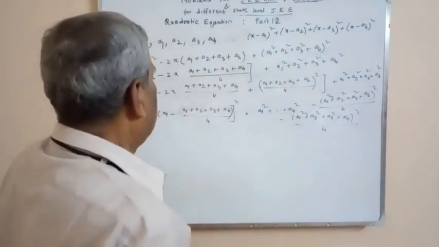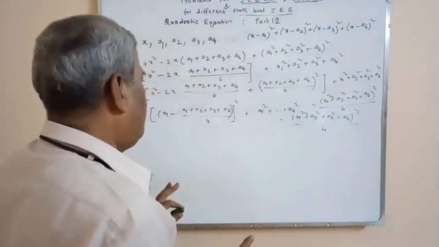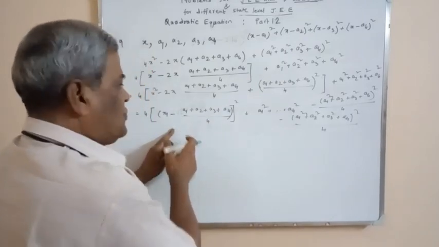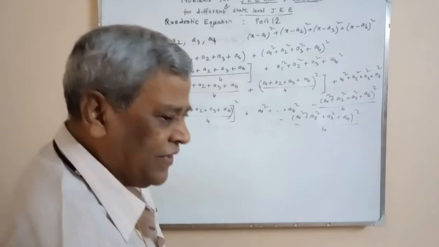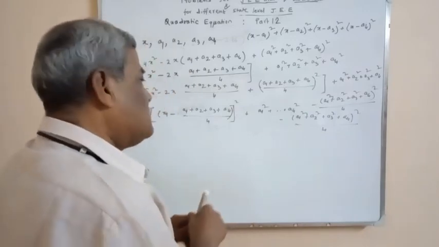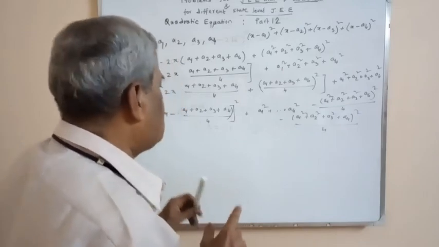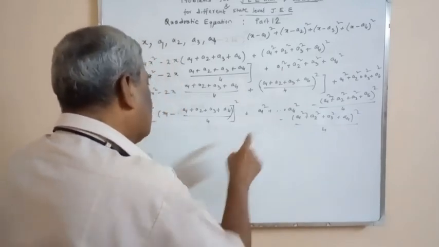So it will be least when this is least, but because it is a perfect square, its value is either 0 or positive. So it will be least when this becomes 0.